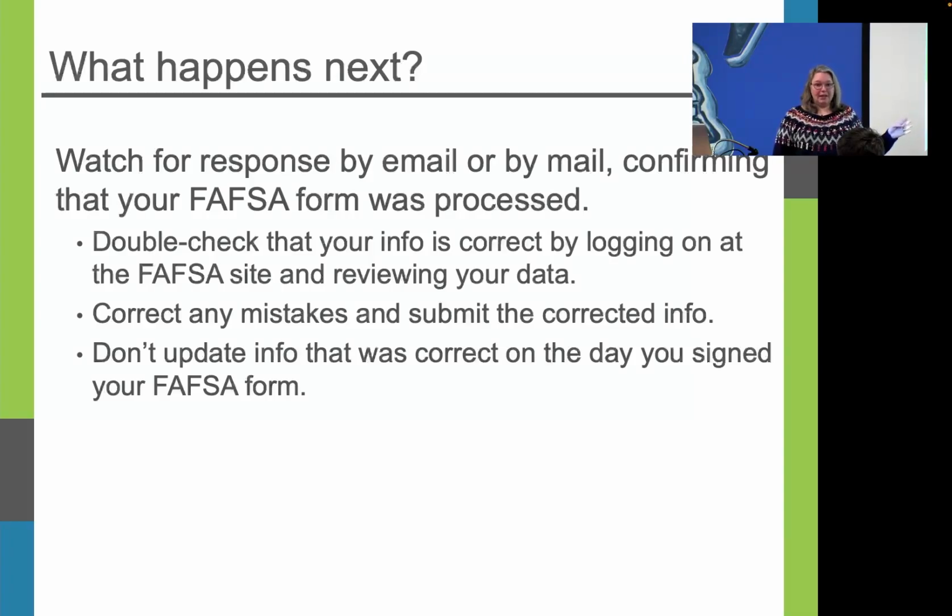You don't go and update that on the FAFSA because as of the date you filed it, your parent was still divorced. So anything like that, if it says as of today, the only time you would correct that is if it was wrong to begin with. And if you need help with that, if there's something you're not sure about, just call our office and we can help you figure that out.